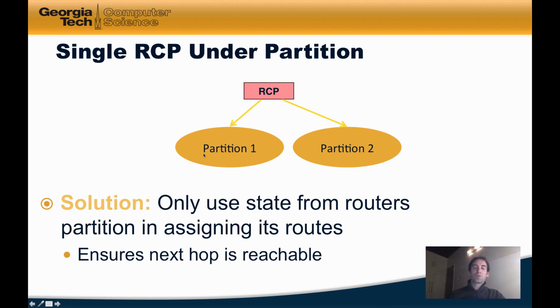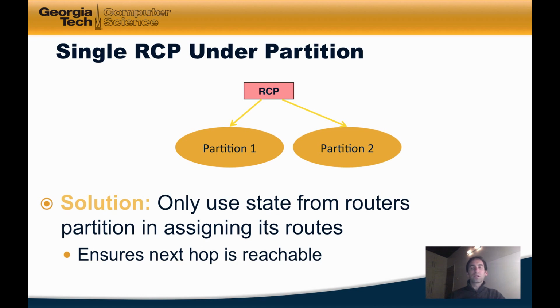For example, to assign routes to routers in partition 1, the RCP would only use the set of candidate routes that it learned from the routers in partition 1. It would not use any candidate routes it learned from partition 2. And that alone is actually sufficient to guarantee consistent forwarding.